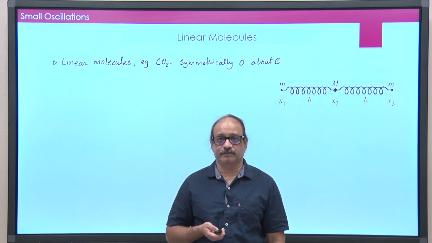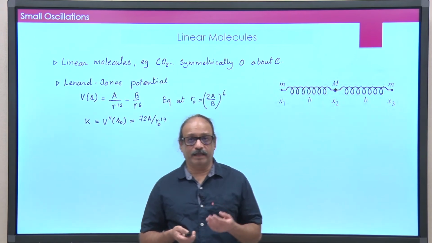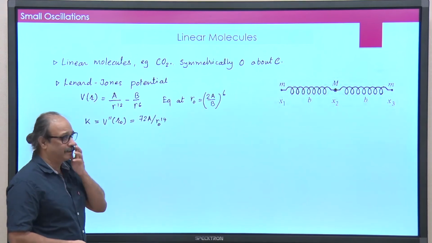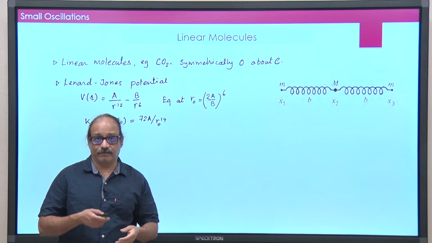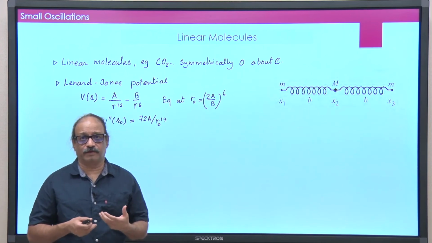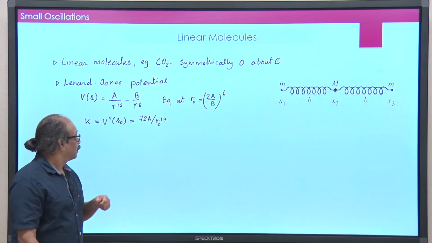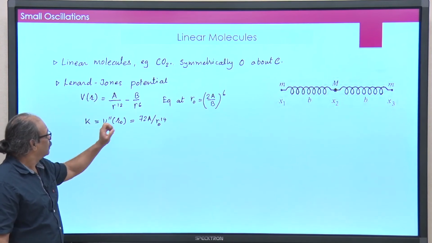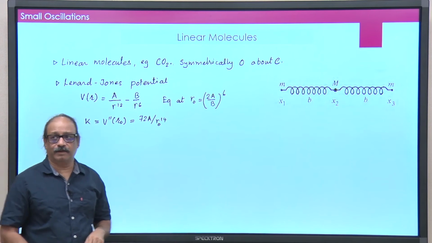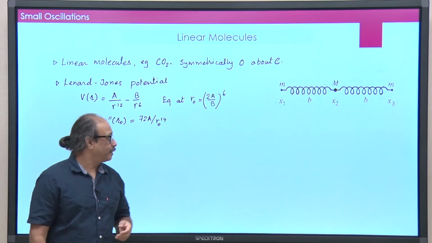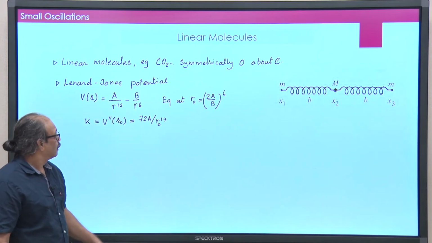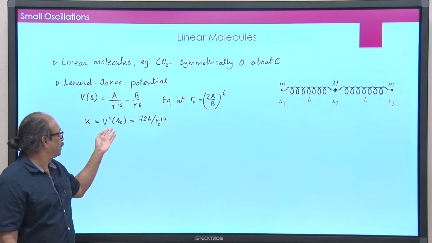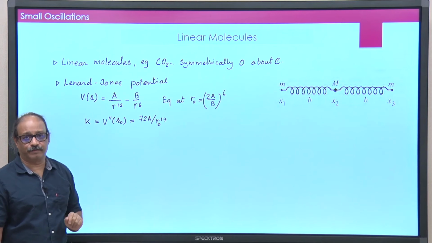For molecules of this kind, the potential typically is described by what is called the Lennard-Jones potential, something similar to van der Waals, but van der Waals typically is used for inert atoms, but here the Lennard-Jones potential is basically 1 over r to the power 12 minus 1 over r to the power 6 kind of potential. You can quickly calculate the equilibrium, and you can calculate the spring constant by taking the second derivative of the potential.